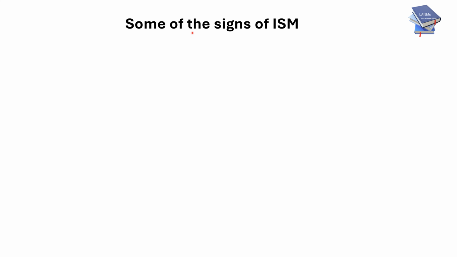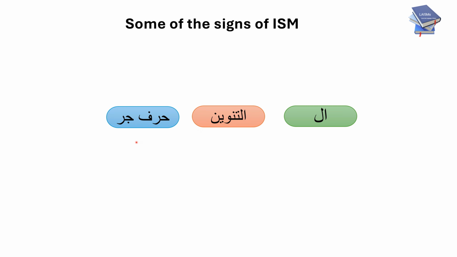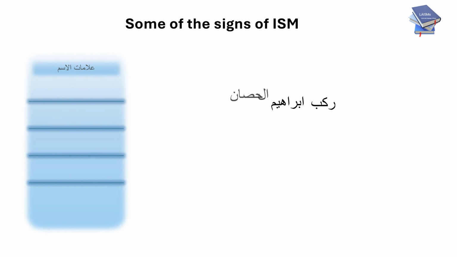Let's see the signs, characteristics, or indicators that are associated with ism. Some of the signs of ism: alif wal-lam, التنوين, حرف جر, الخفض. ركب إبراهيم الحصان. Now if you look at this sentence, الحصان, we said alif wal-lam is some of the signs of علامات الاسم.